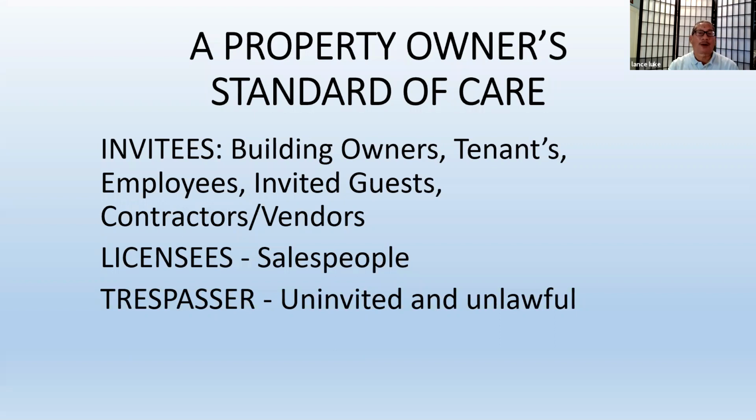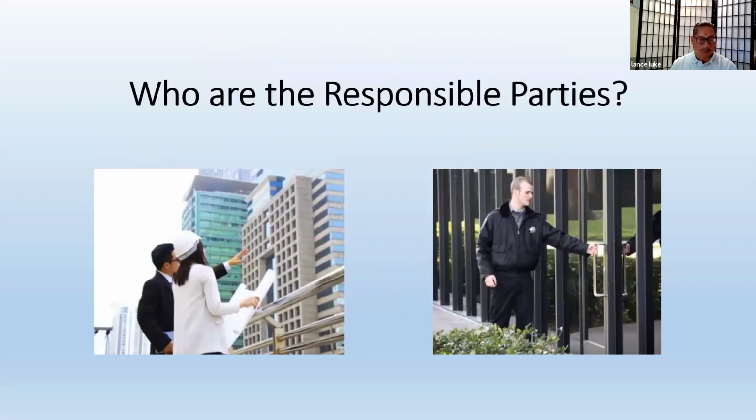Now let's talk about who the responsible parties are if somebody gets injured. The owner is responsible, right? So who else would be responsible? You have the owner, the property manager, and tenants of the building that could be responsible.